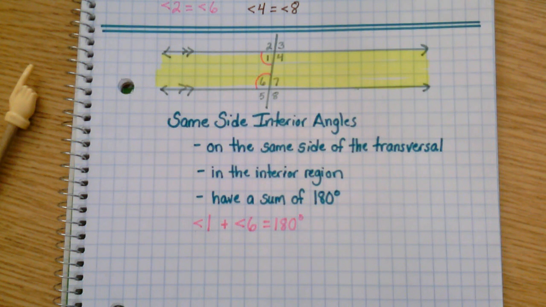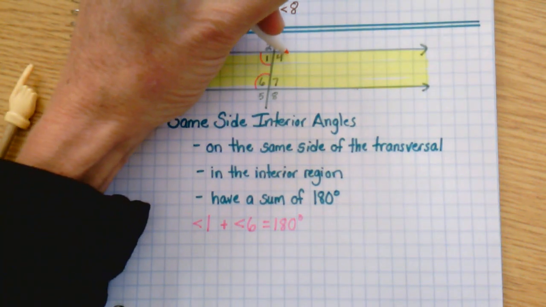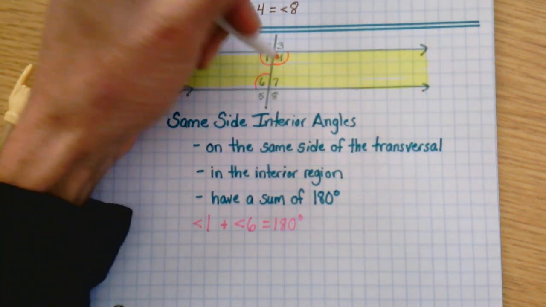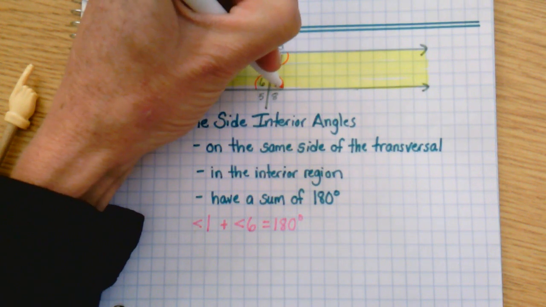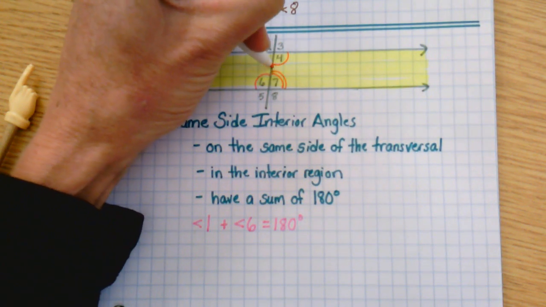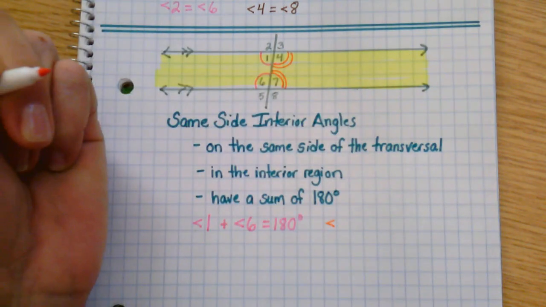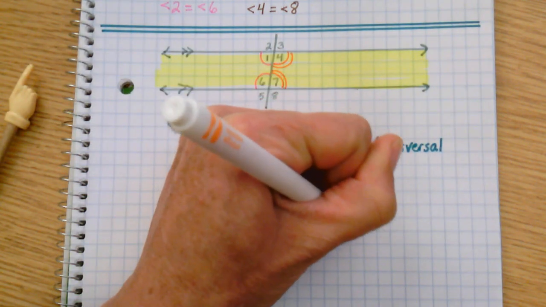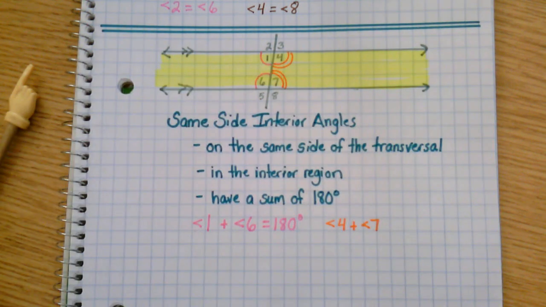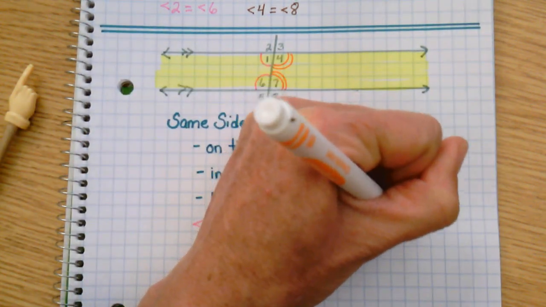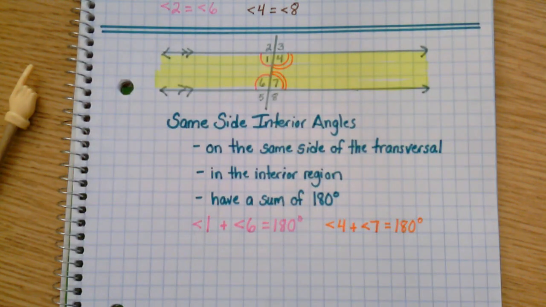Similarly, the measure of angle 4 plus the measure of angle 7 would equal 180 degrees. Angle 4 plus angle 7 equals 180 degrees. Those are same side interior angles.